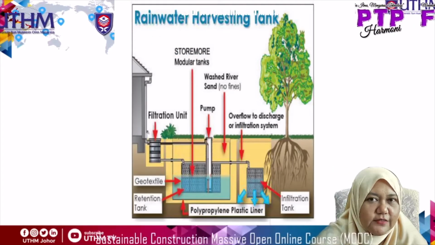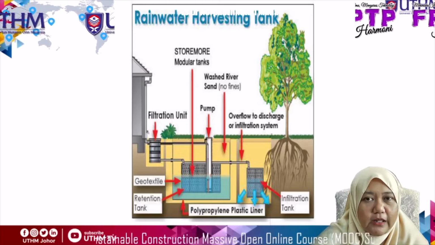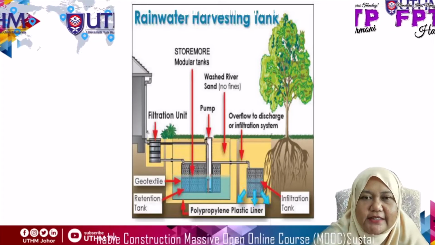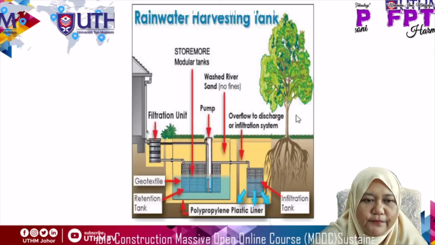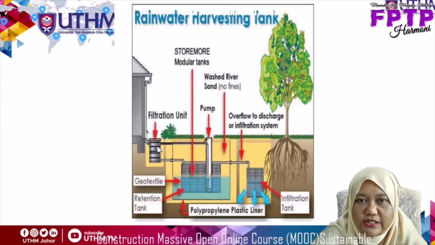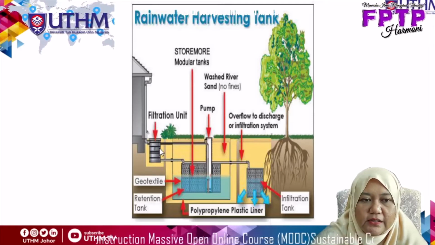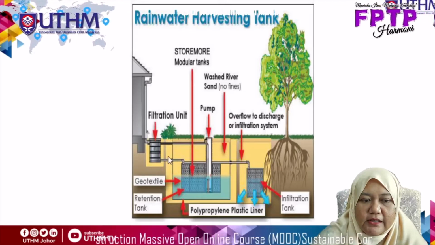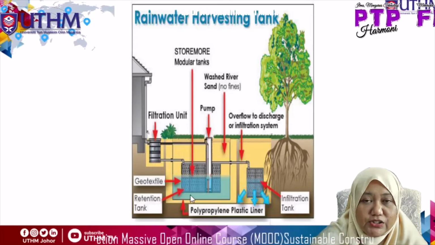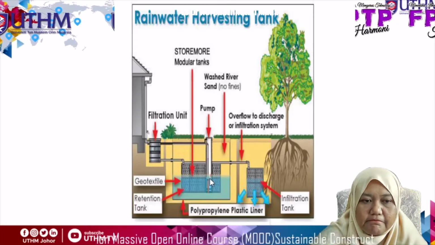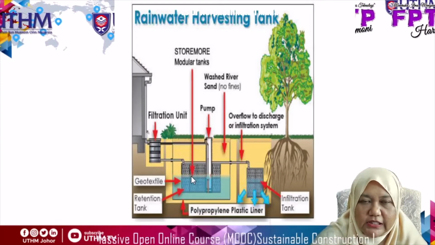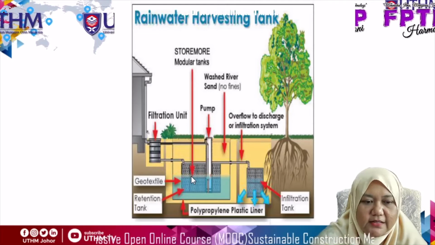This picture shows an example of a rainwater harvesting tank. As you can see, this is the house. It has a filtration unit. It has geotextile, retention tank, pump, which is going to be inserted in the modular tanks.